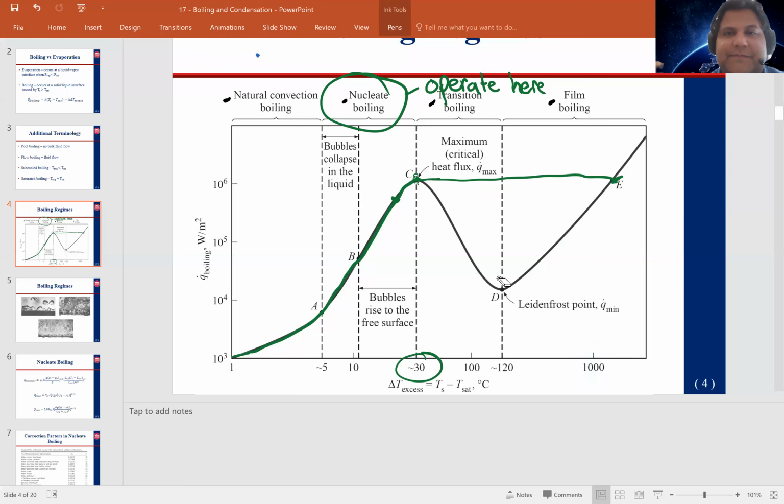Going from a delta T of 30 degrees versus 1,000 degrees Celsius is going to cause a lot of things to get destroyed. All right, that's all I need to know. Thank you. Of course.